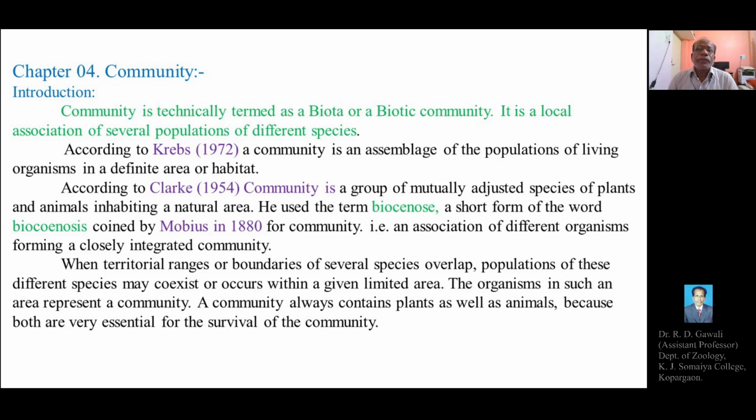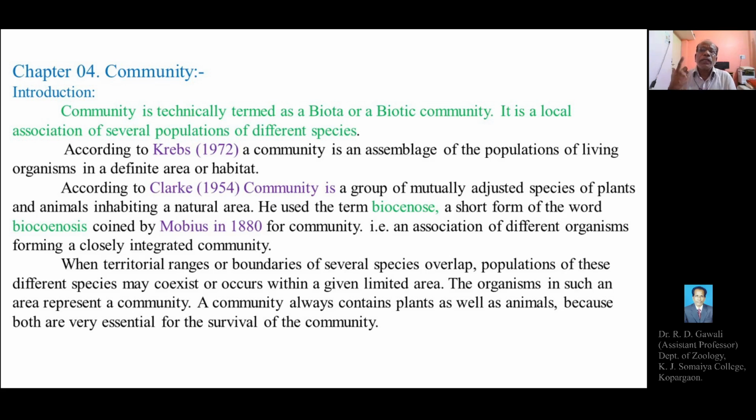According to Krebs, 1972, a community is an assemblage of the populations of living organisms in a definite area or a habitat. So this is again the same definition, a repetition of the previous definitions.